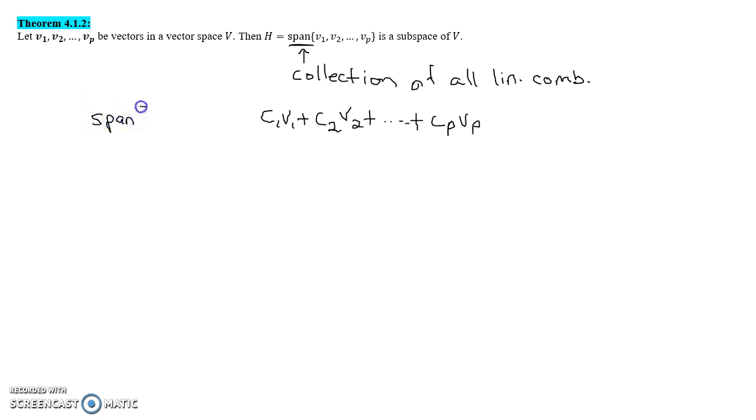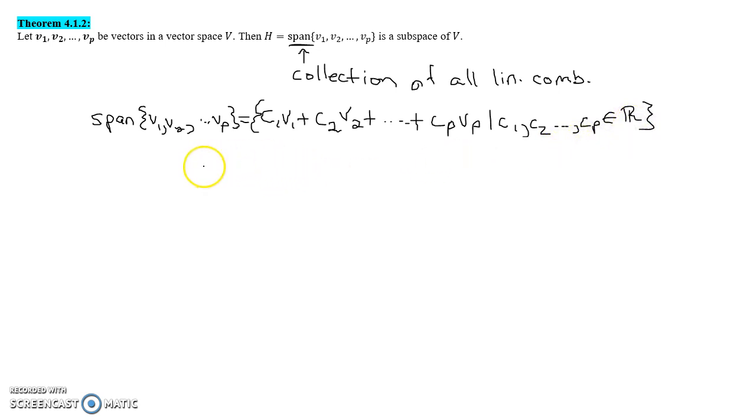So the span of these vectors, v1, v2, up to vp, is equal to the collection of vectors that can be formed this way, where c1, c2, up to cp are just any numbers. Let's just put it that way, any real numbers.